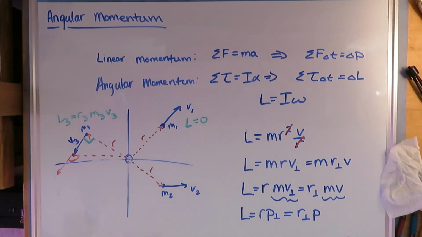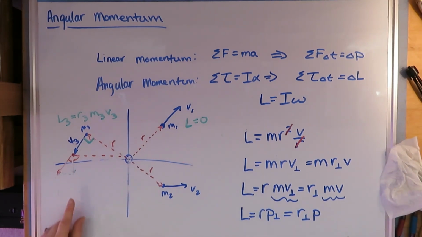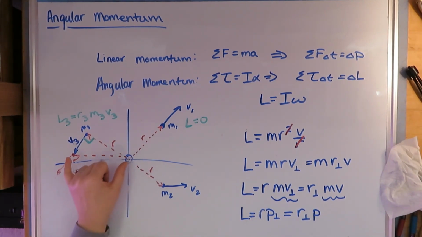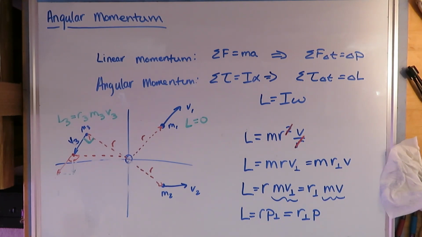So you'd have to find the component of the velocity that's perpendicular. You can see that that's going to be smaller, but you've also increased your radius. So whether or not this angular momentum has increased is going to depend on both the angle and the radius at that point. You have to calculate that out.